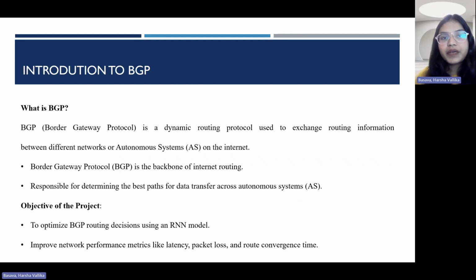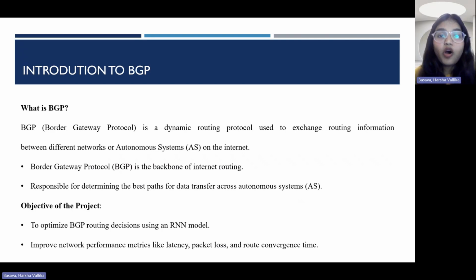It is also useful for giving routing preferences of which route to be selected, routing filters can also be added, and we can enforce certain policies based on the AS number. The Border Gateway Protocol is like the backbone of internet routing, and it is also responsible for determining the best path to be taken while transferring data from one node to another node.